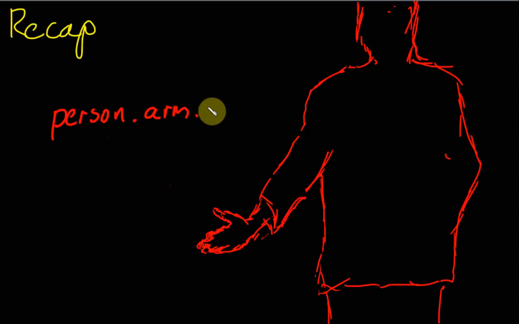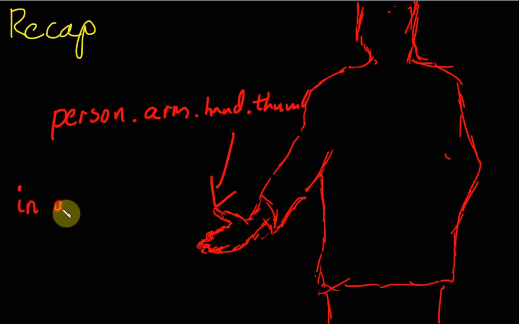That arm has a hand, and that hand has a thumb. There we go. So the thumb is in the hand is in the arm is in the person, and you're using the dots that way. So a full stop is effectively the same as saying it is in another object.